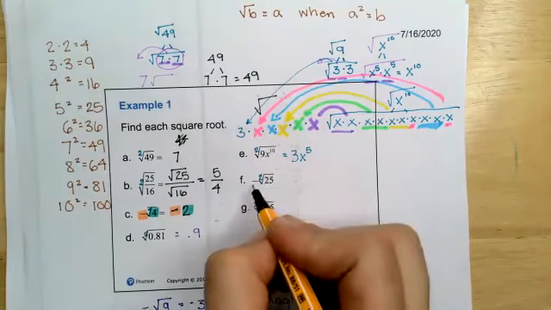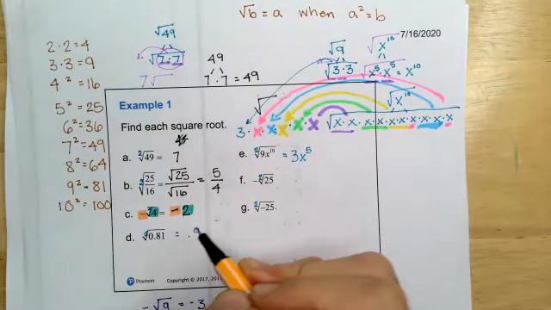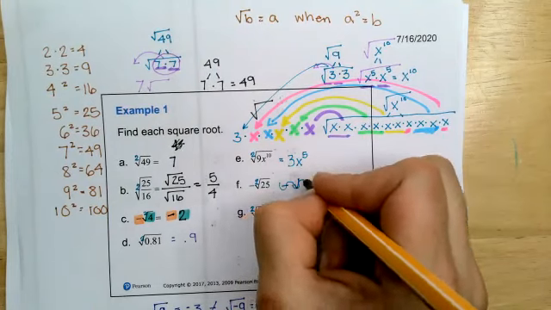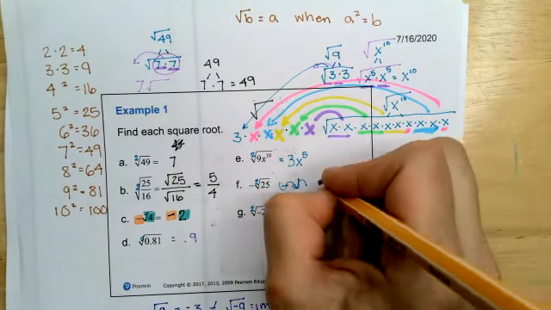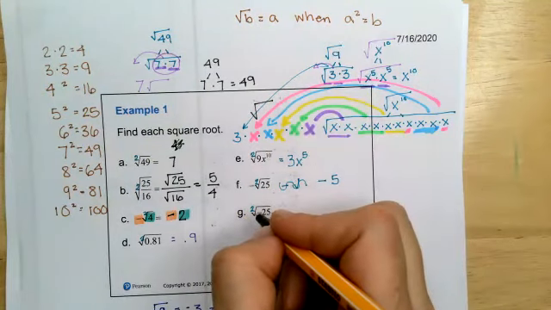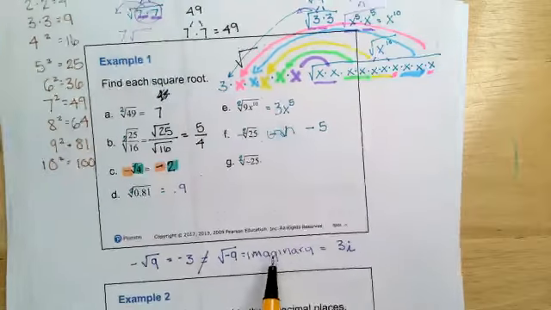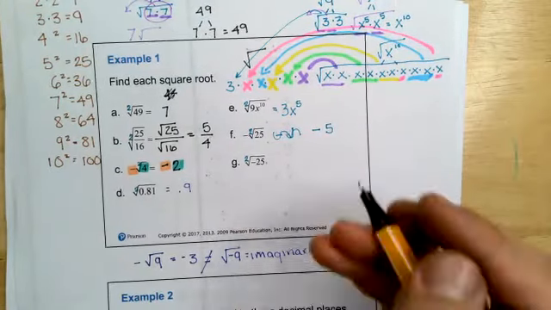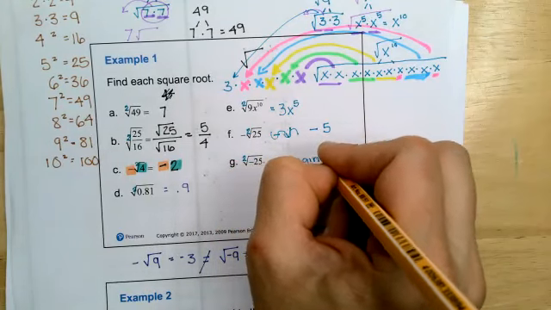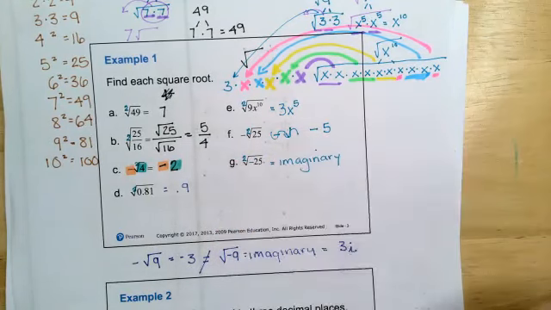Good. All right. Negative square root of 25 is just like negative square root of 4. We have a negative, and then, oh, sorry, didn't want to let go of that square root. We have a negative, and then the square root of 25 is 5. But as we covered here, the square root of negative 25 is an imaginary number. We do not need to worry about that in this class.